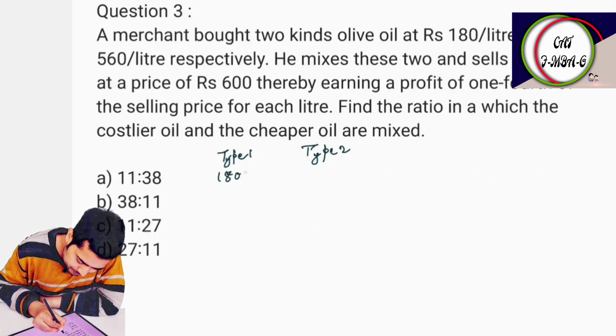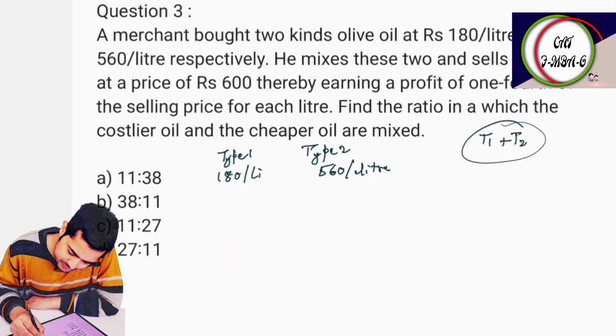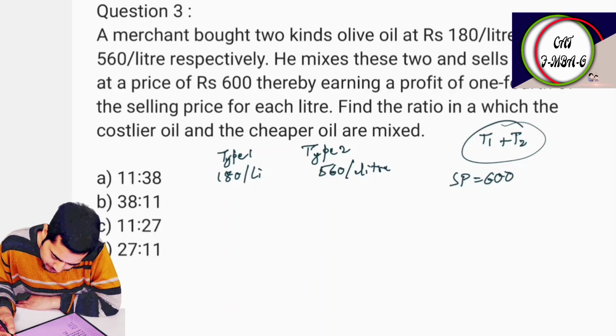The first price is 180 per liter, and the second price is 560 per liter. All right, and he mixes these two, type 1 plus type 2, and sells each liter at a selling price of 600, earning a profit of 1/4 of the selling price for each liter.